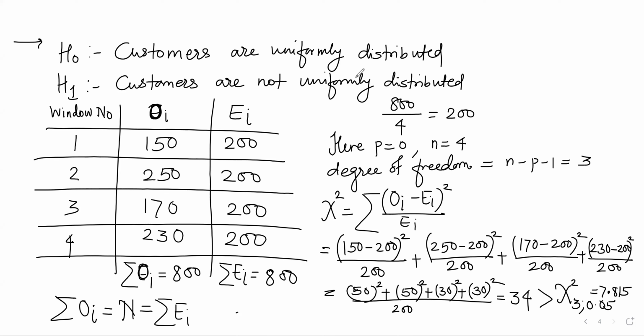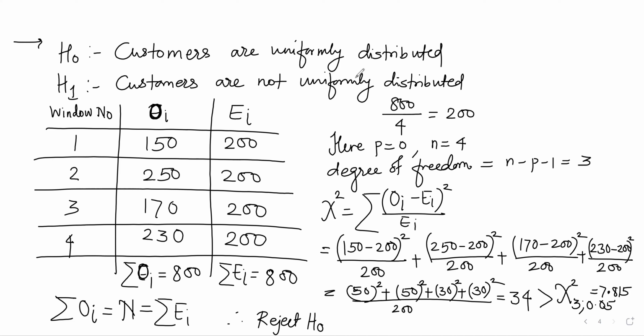Therefore reject H0. That is, it is not possible to distribute the customers uniformly. So if the tabular value is lesser than the calculated one, you are going to reject it.